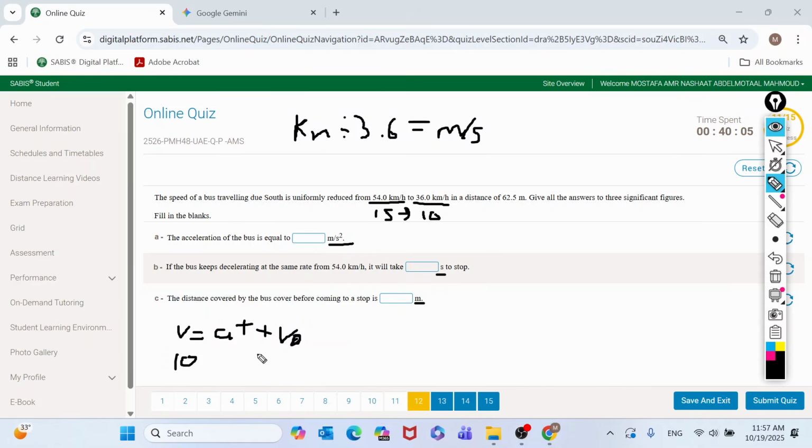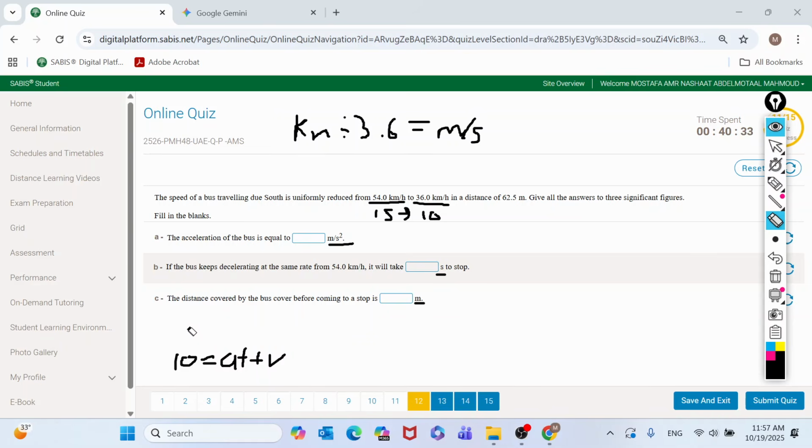Okay, so V final is 10, equals A, which we don't know, T we also don't know, plus V0. Wait guys, I don't think this is the formula we use. Do we have time? And this is 62.5.